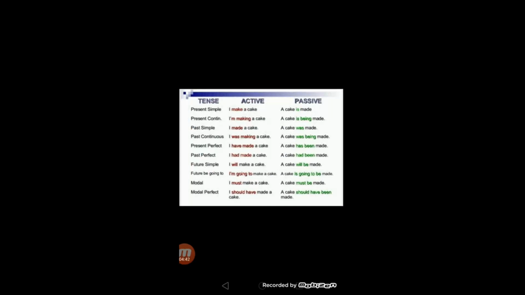This table shows us how we change from active to passive voice in some tenses. In our lesson today, we are going to concentrate on three main tenses: the present simple, the past simple, and the future with will.